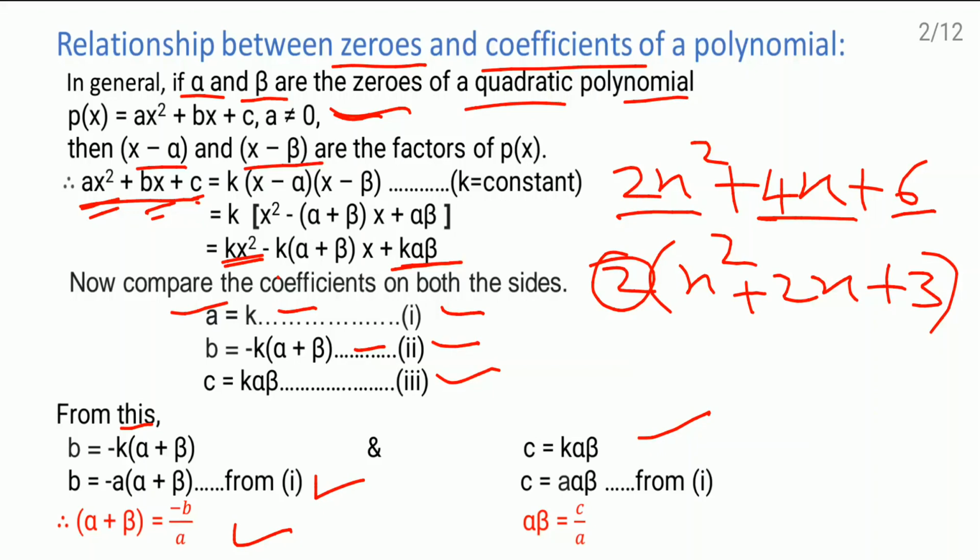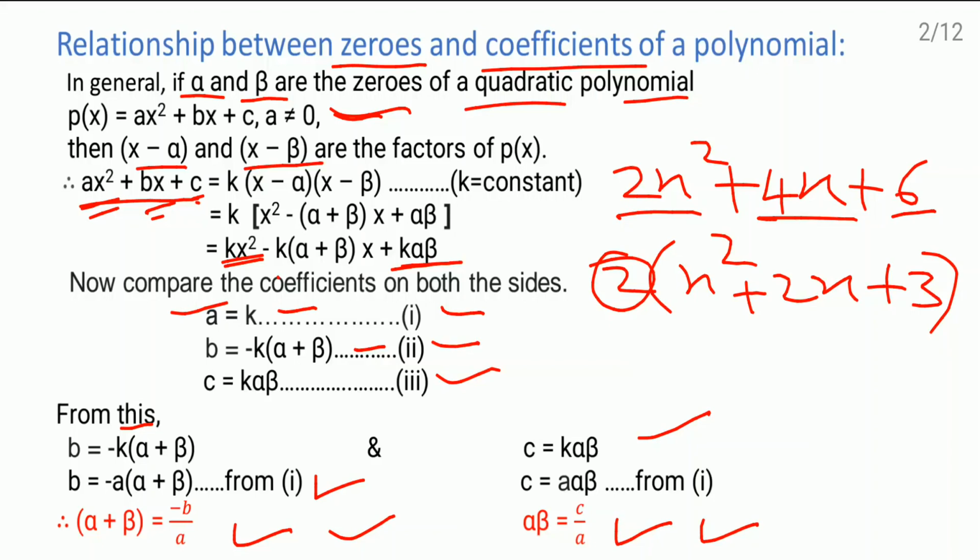Now this a we will send to the left hand side, where it is multiplying here, it will divide that side. So we got alpha beta is equal to c by a. This is the other relationship. On this side these are the zeros and these are the coefficients, right? So these two things are the relationship between the zeros and the coefficients of the quadratic polynomial.